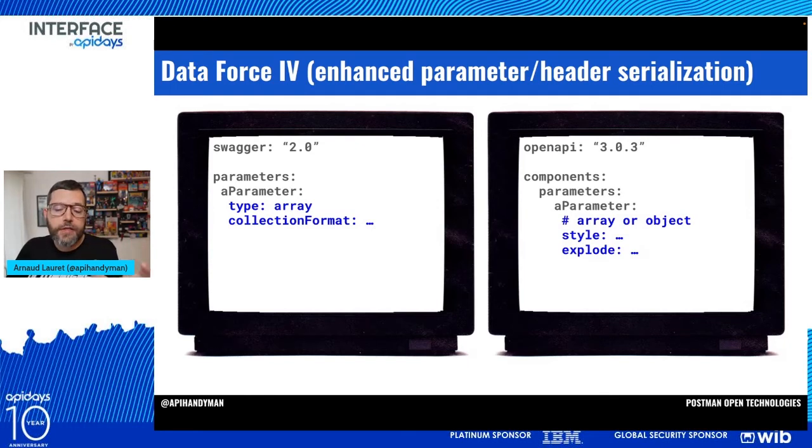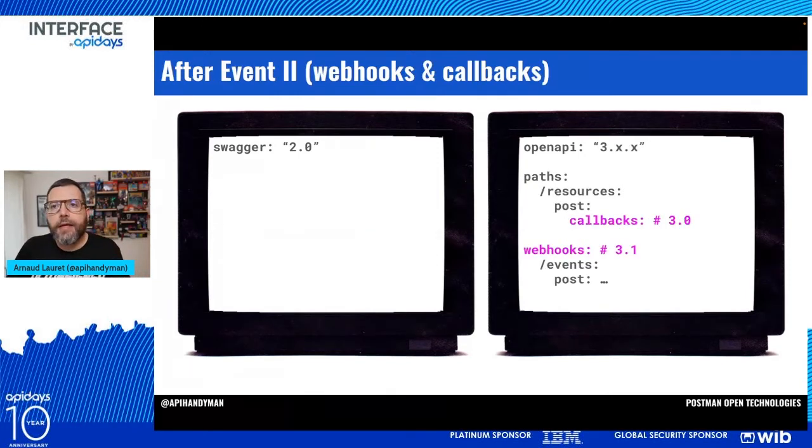And you could say this property will be represented as a CSV string, so values separated by a separator, or by multiple values, for instance, name=value1, name=value2, and so on. But nothing regarding objects. In OpenAPI 3, you can serialize objects and arrays in headers or query parameters using a combination of style and explode. And so you can virtually do whatever you want.